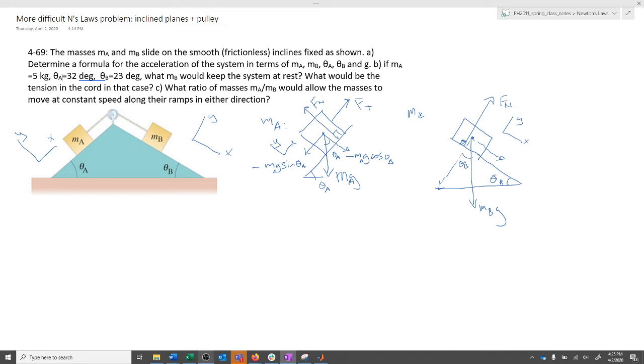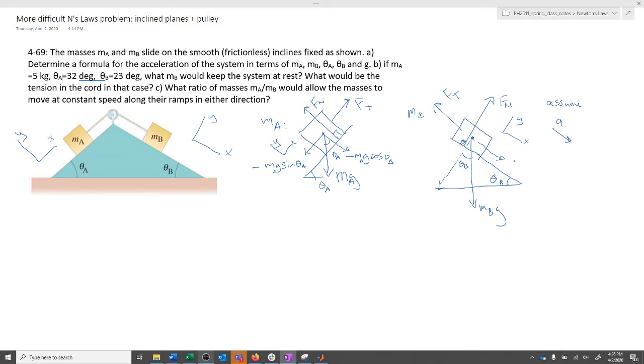We don't want to neglect here the tension force. It's pointing that way. So those are our components for the forces. To help us keep our signs straight, we're going to assume that the acceleration is in this direction. In other words, MB and MA, for that matter, will be moving in the positive x direction, accelerating in the positive x direction. We've got to put in our components.